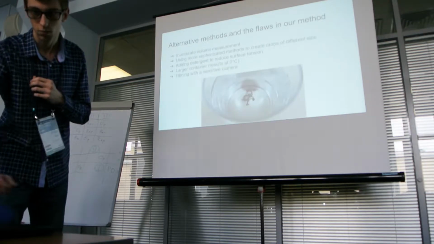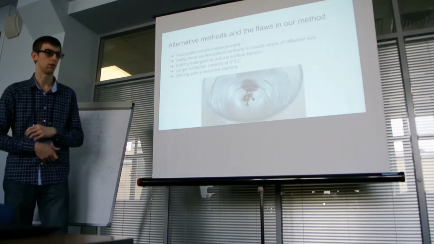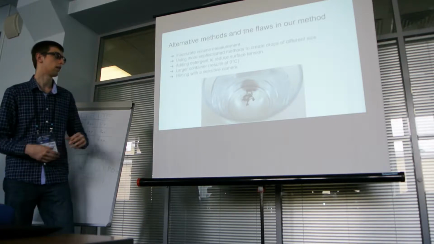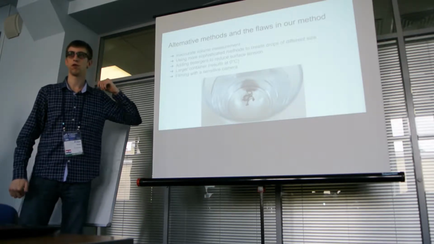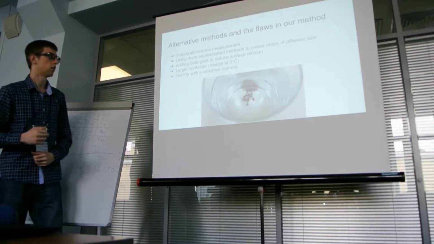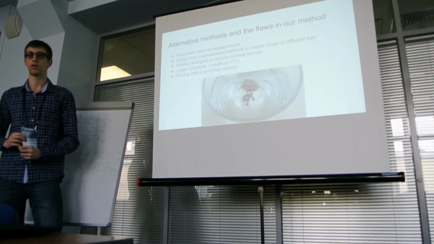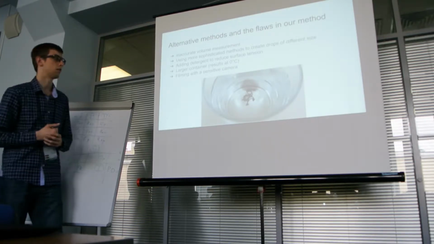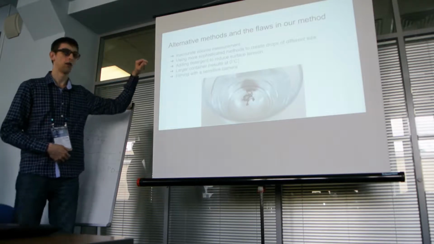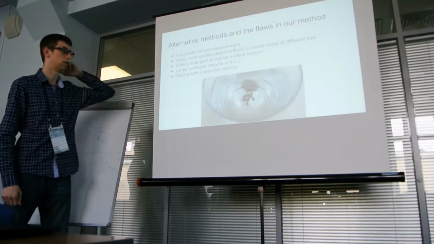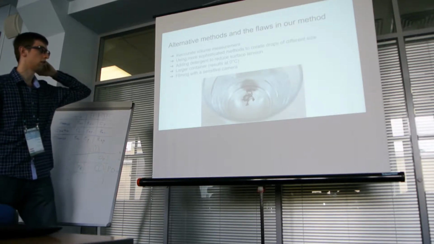Some methods we propose for the future: our methods of measuring the volume might have not been very precise because it's hard to make the same drop every time. So if we could have some more sophisticated tools for measuring it, that would be great.